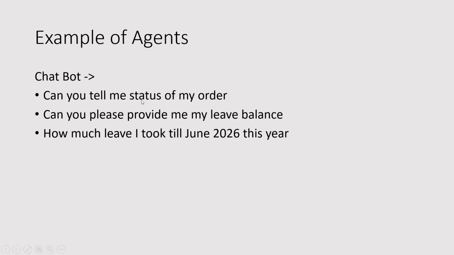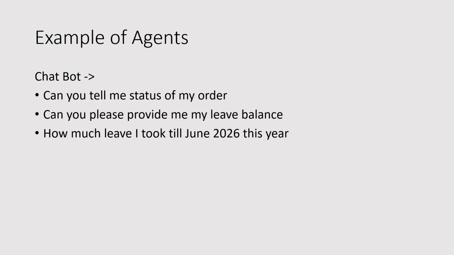The second thing is that it will plan. It will plan what the LLM will do. The LLM will create another action: we need to go to the order database and take the data.